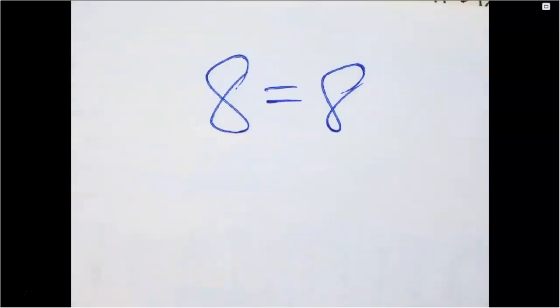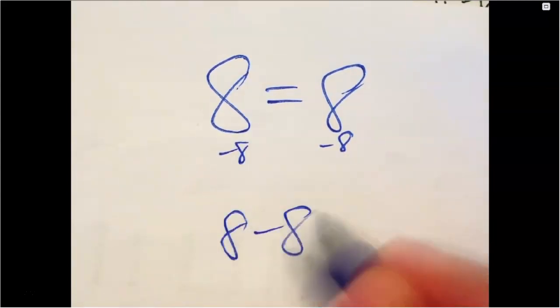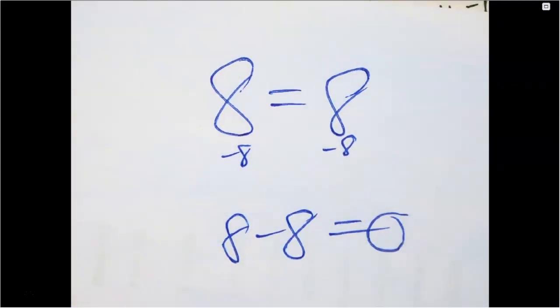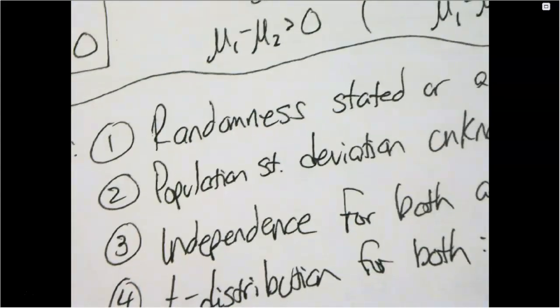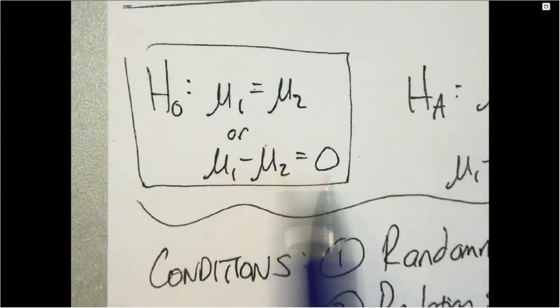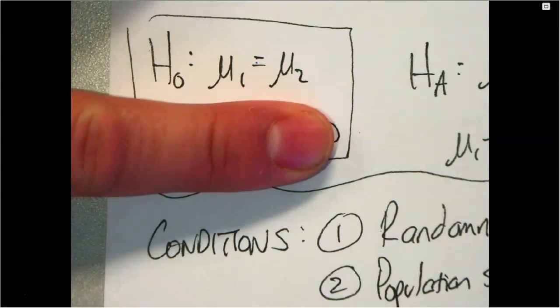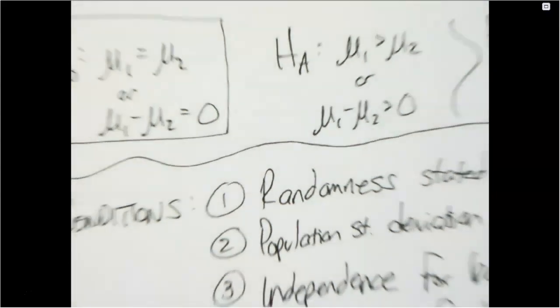If I had 8 equals 8, isn't it also true that if I subtract 8 from this side, 8 minus 8 equals 0? Those are the same idea, right? So if mu1 and mu2 are equal, then it's also true that when you subtract them, you get 0. You can write these either way you want. The questions presented to you will show it in different ways, so you have to understand both. But when you're writing it, you get to pick. I think the one you can still see is a lot easier for most people, but you have to understand that both are ways it can happen.